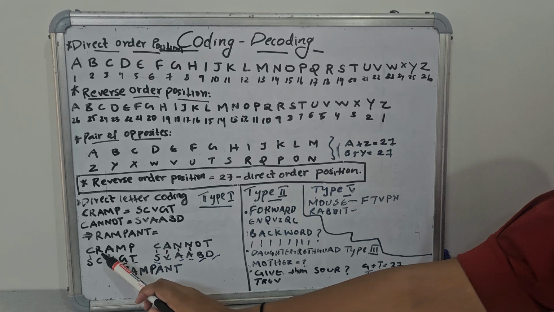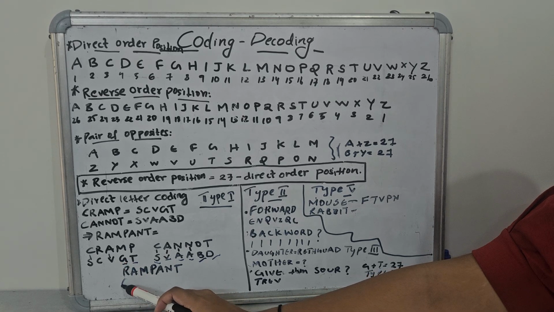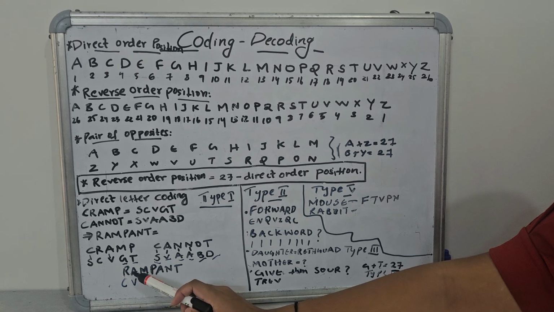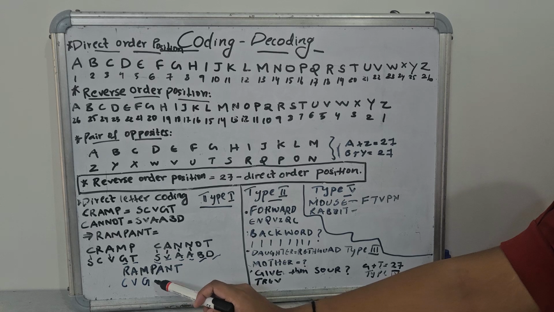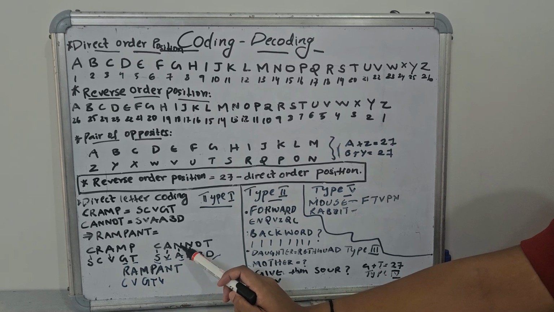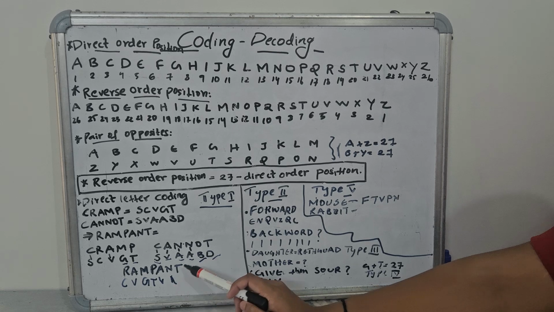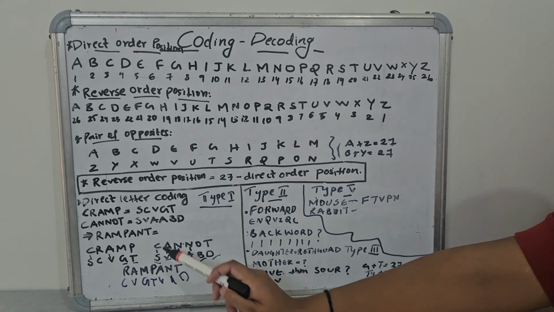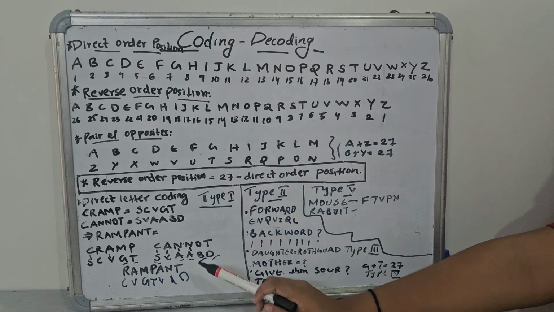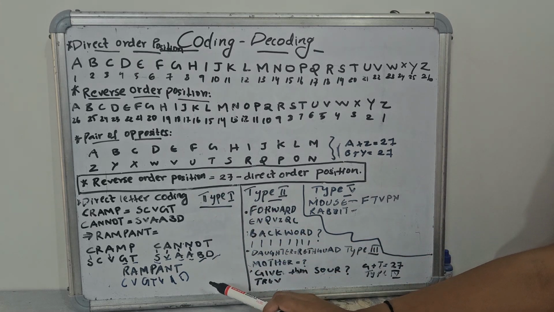So R corresponds to C, A corresponds to V, M corresponds to G, P corresponds to T, A corresponds to V, N corresponds to A, T corresponds to D. The directly corresponding letters are chosen and written. This is one type of direct letter coding.